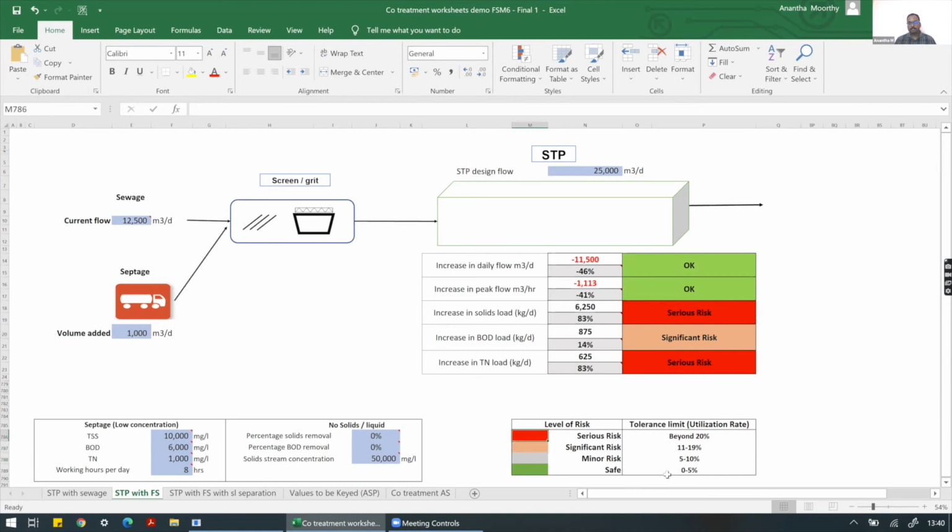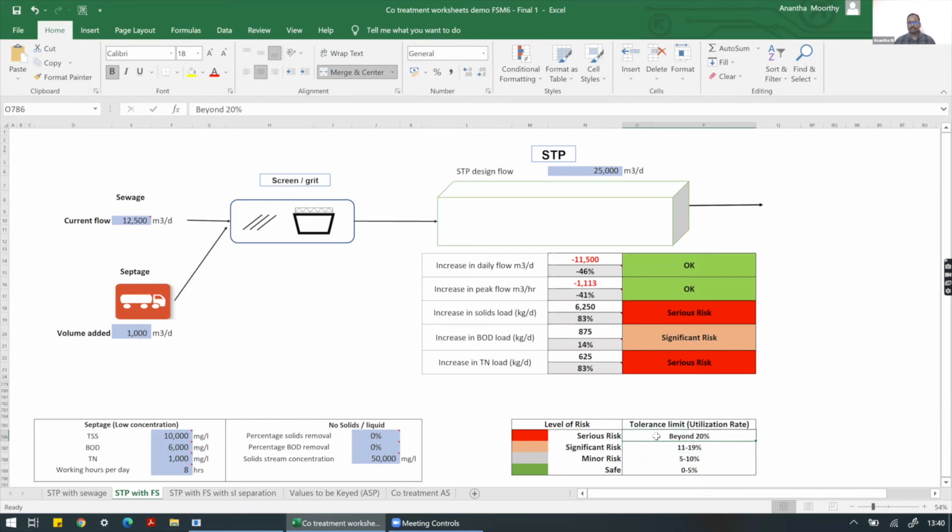The tolerance limit is this: if the design capacity, either in terms of hydraulic or organic loading, is between 0 to 5%, the tool reads it as a safe situation. When it exceeds 5 and reaches up to 10%, this is a minor risk. Between 11 to 19, it reads it as significant risk, beyond which it would be very major trouble in terms of operation, equipment installed, and all that.